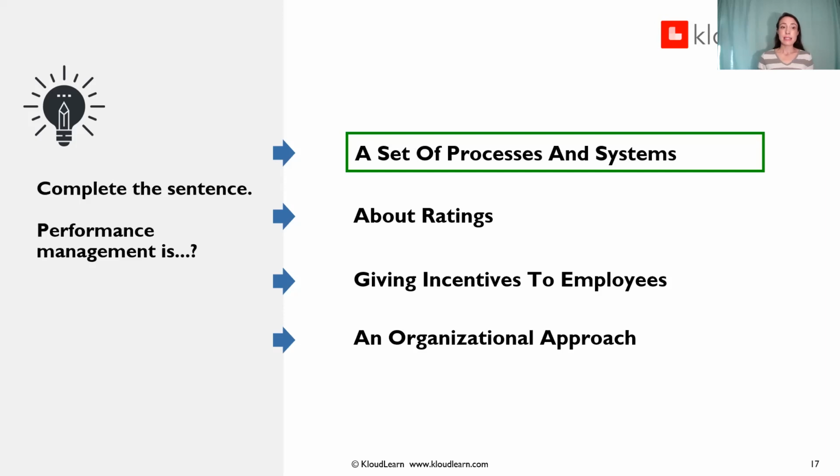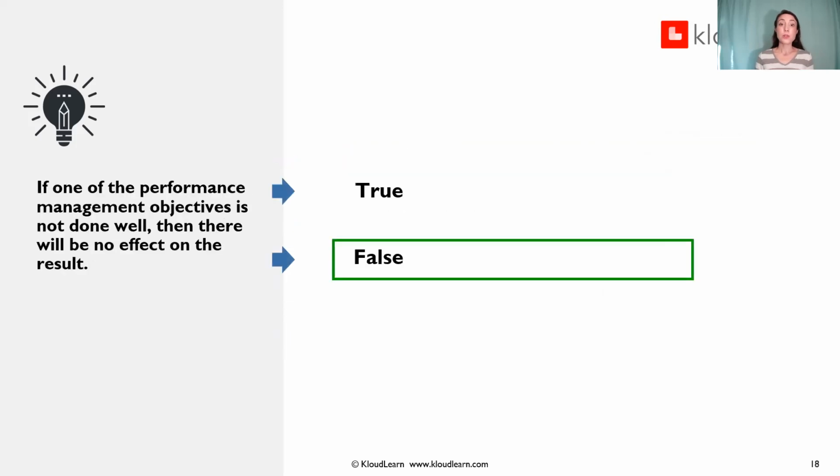Complete the sentence. Performance management is A, a set of processes and systems. B, all about ratings. C, giving incentives to employees. Or D, an organizational approach. The answer is A, a set of processes and systems. True or false? If one of the performance management objectives is not done well, then there will be no effect on the result. This is false.